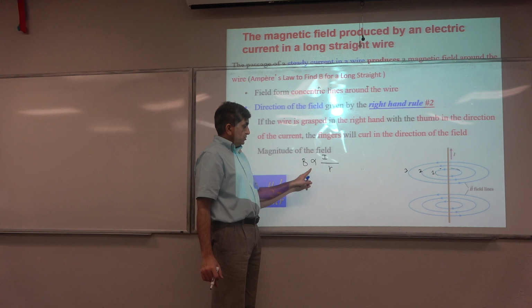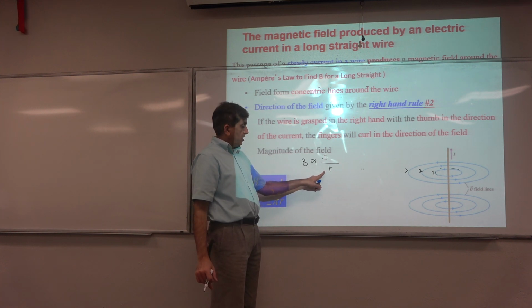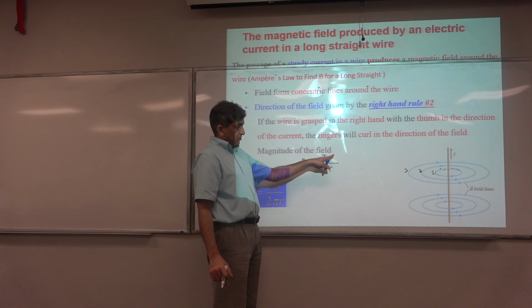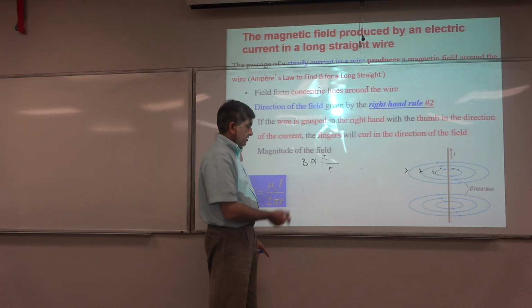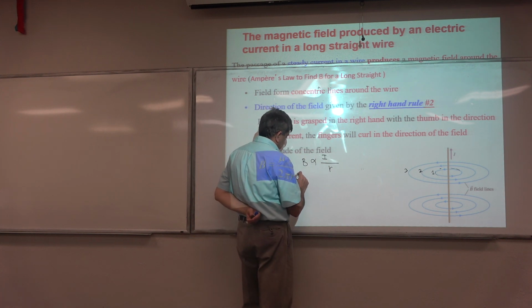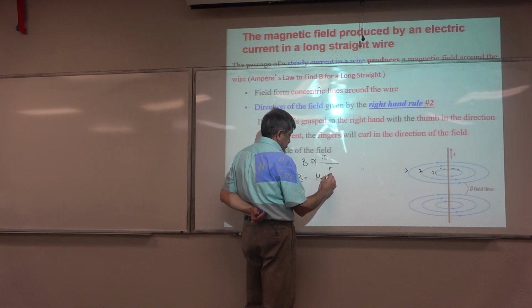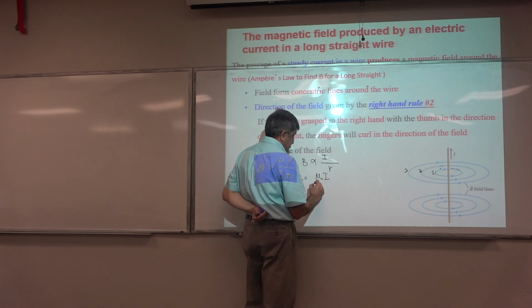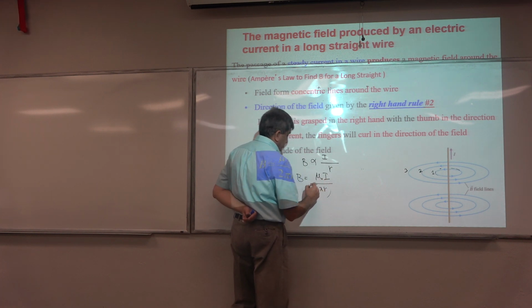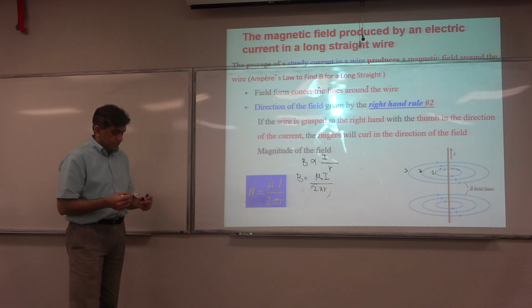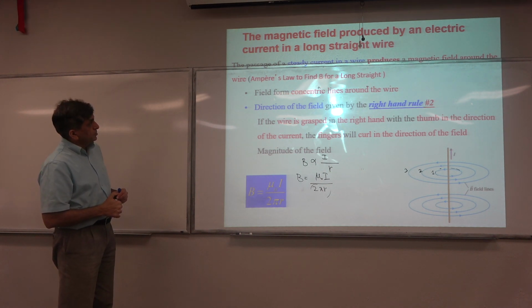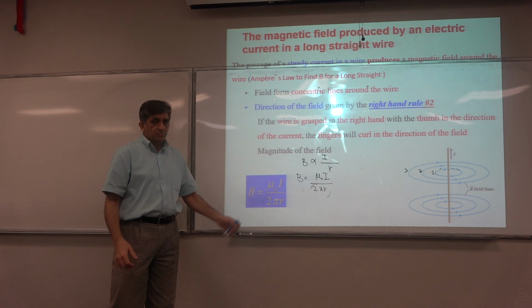In circle 2 you will feel less effect because R is larger, B is smaller. On the other hand, increase the current, more the magnetic field. So B is equal to mu naught I, where mu naught is the permeability of the space through which the magnetic field moves, divided by 2 pi r. And if you look at this, 2 pi r is the circumference of the circle. So this is how you can find it; this is called Ampere's law.